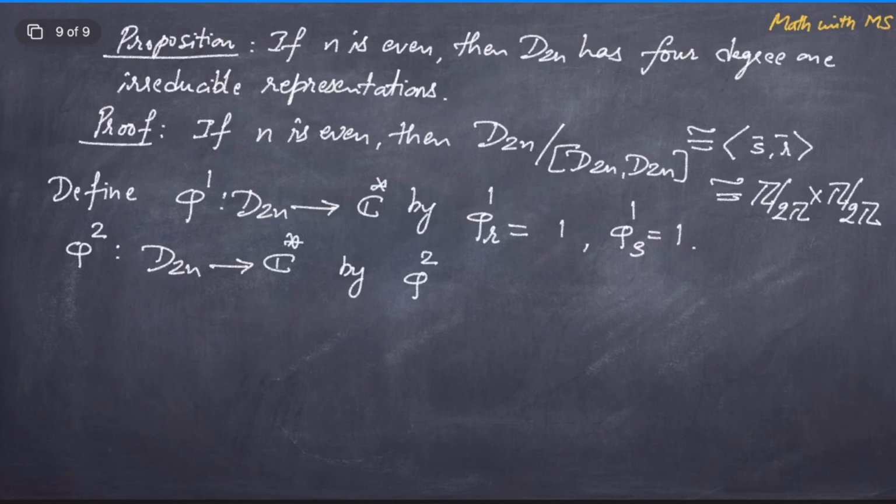So phi 2 of R, set it as 1, and phi 2 of S is minus 1.